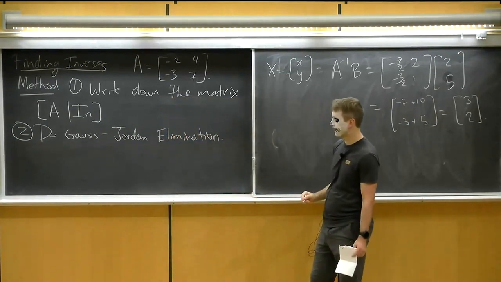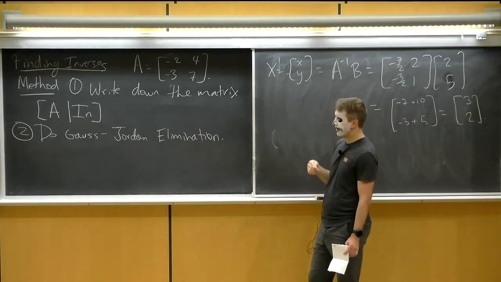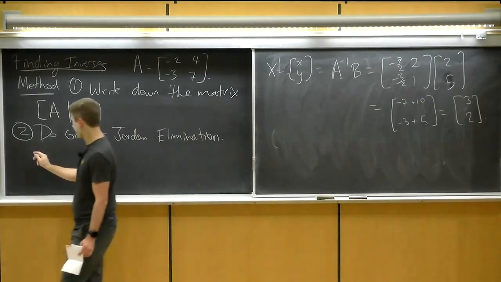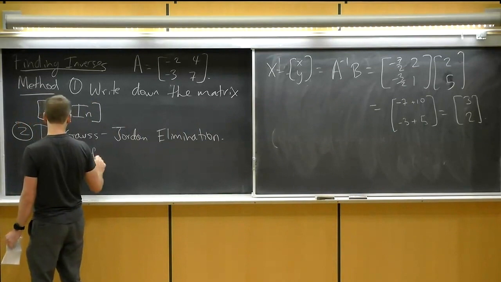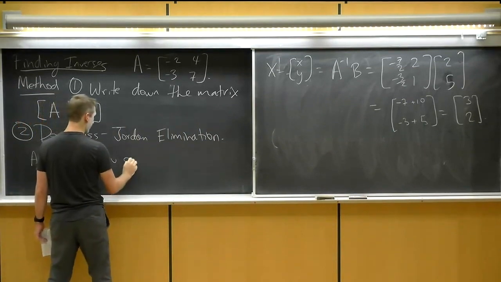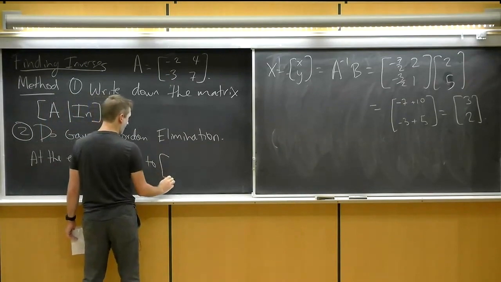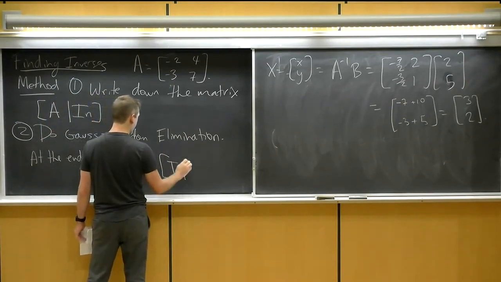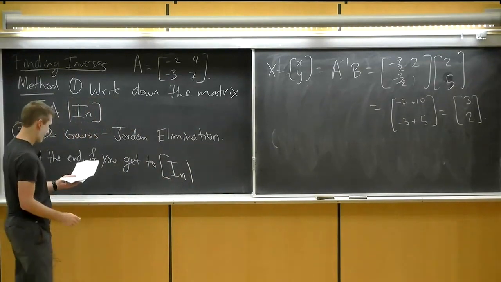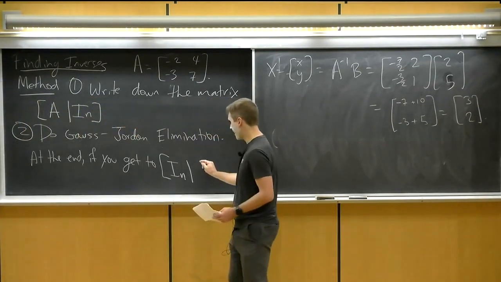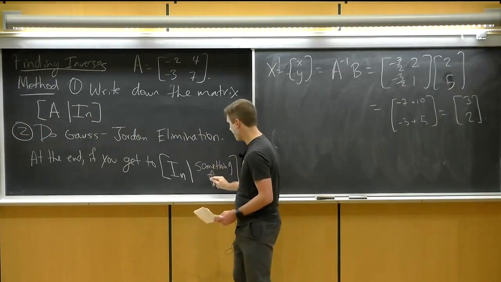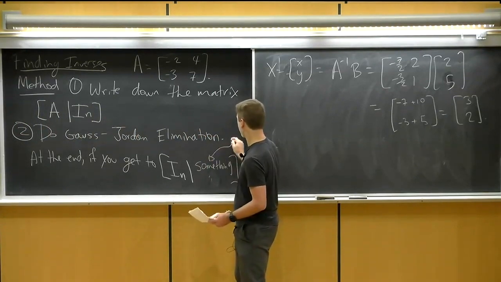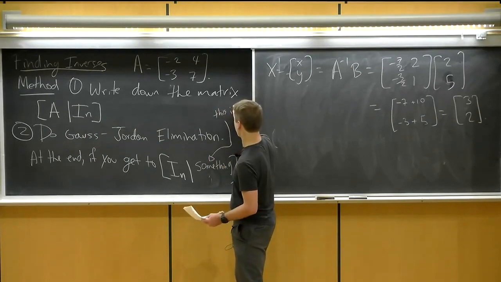And at the end, if you get to a matrix where I've got the identity on the left side and something here, then the matrix you have here is the inverse.